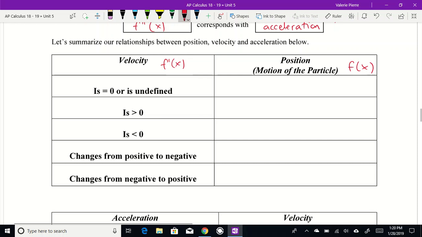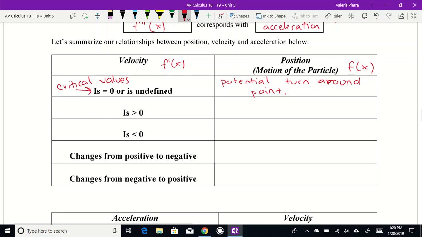If velocity is 0 or undefined, that means that our position has a potential turnaround point. Right, so these are our critical values, and they correspond to potential turnaround points of our particle.